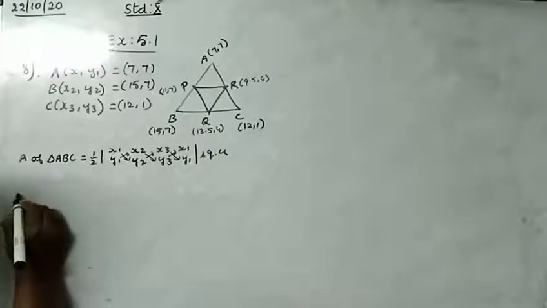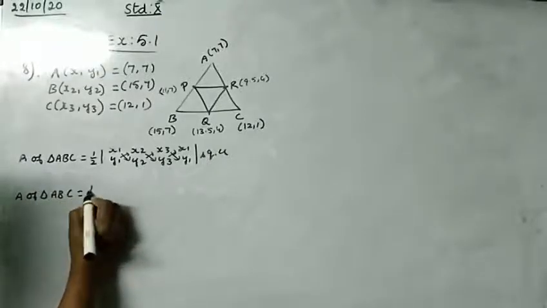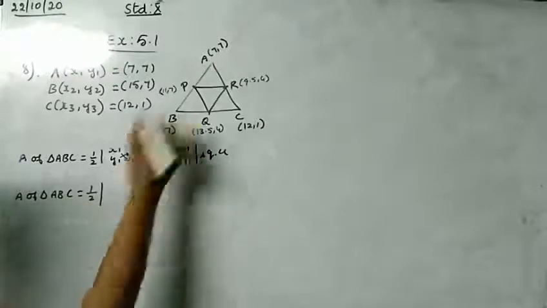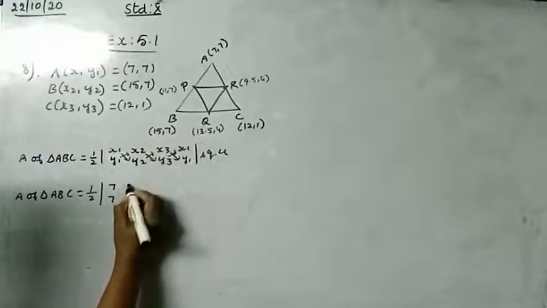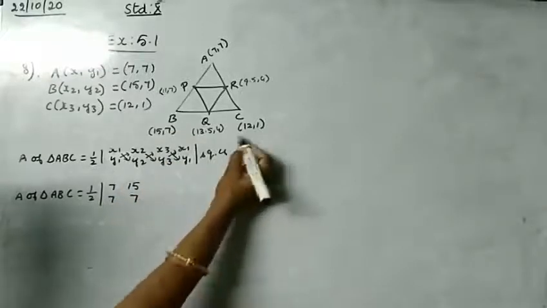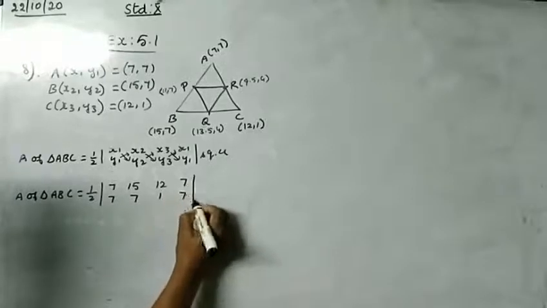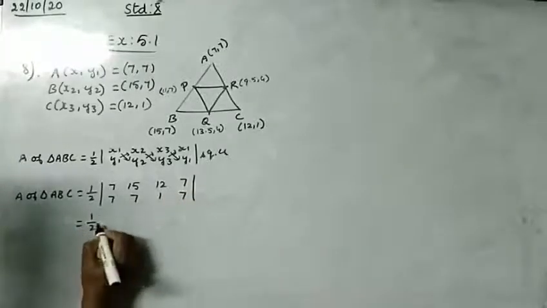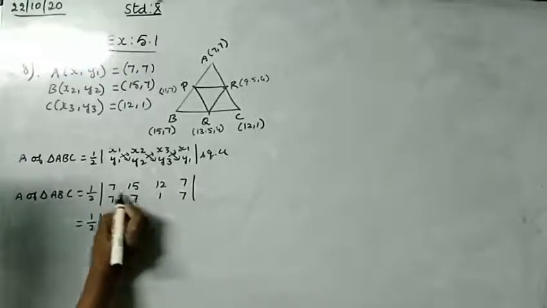Okay. Then area of triangle ABC is equal to 1 by 2 modulus of, take the point 7, 7. What is B? 15 and 7. What is C? 12, 1. Once again you write 7, 7. First raining from top to bottom.